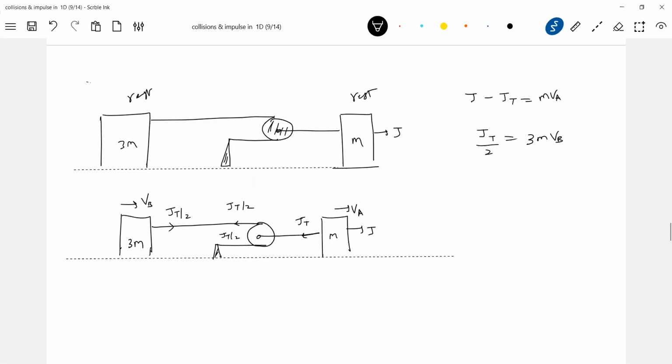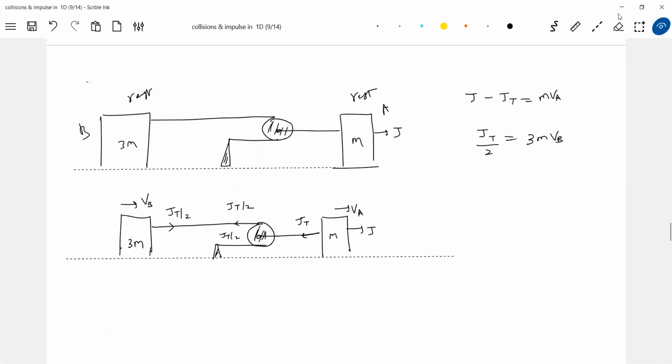If this pulley moves by 1 meter, how much will the block 3m, or the block B, undergo displacement? In books we don't have discussion, but here the impulse can get transferred from one string to another string. There are two different strings. An impulse is set up here.